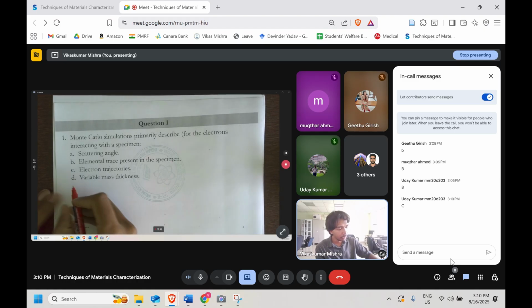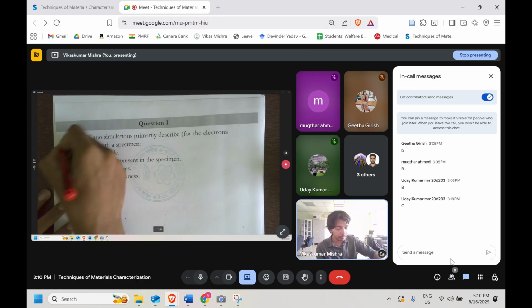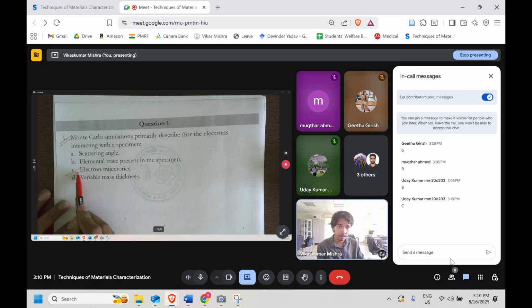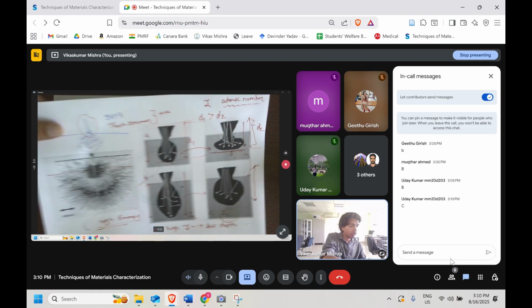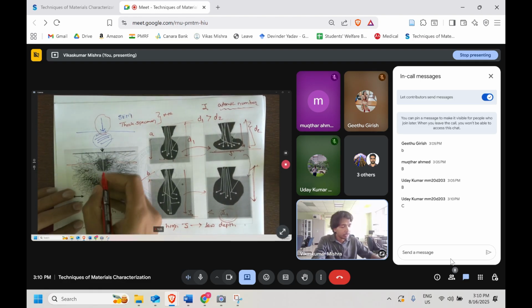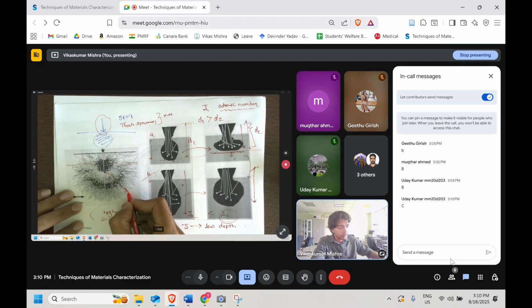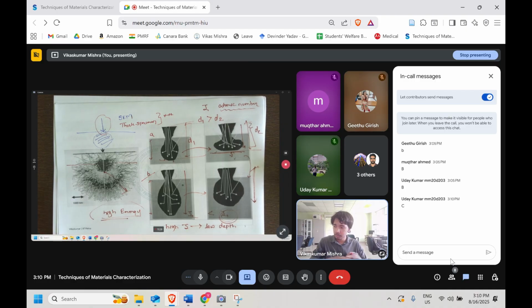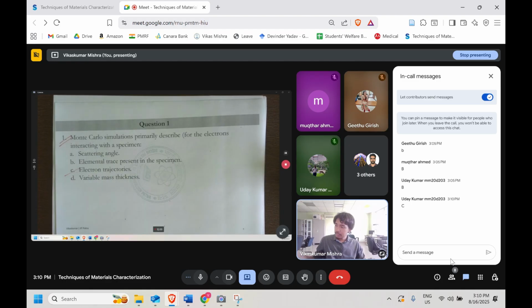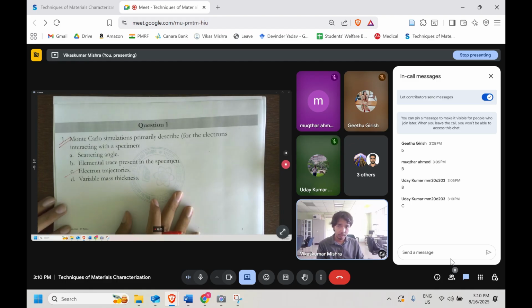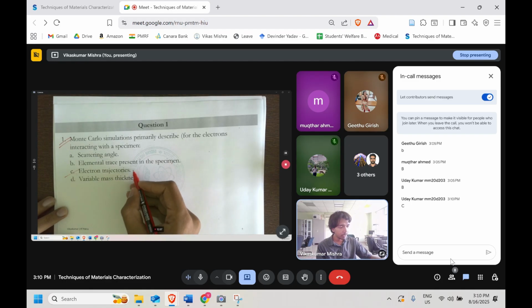Very good, it talks about the electron trajectory: how the interaction is going to happen, what will be the depth of penetration, what will be the volume of penetration. Also, Monte Carlo simulation gives you the radius of the interaction. So with that we have solved question number 1. It talks about the electron trajectory.